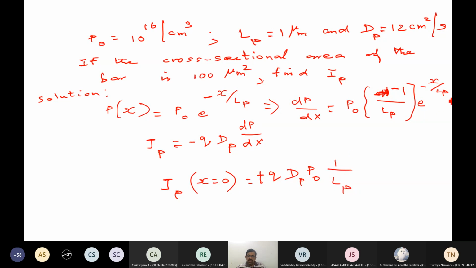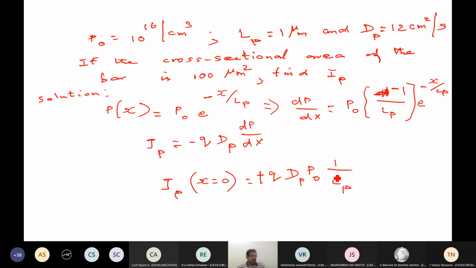Now at x equal to 0, what is e power minus x by LP? It becomes e power 0, and anything to the power 0 is 1. So you don't have to worry. Q into Dp into P naught by LP. Straight away you substitute this, you will get the result.